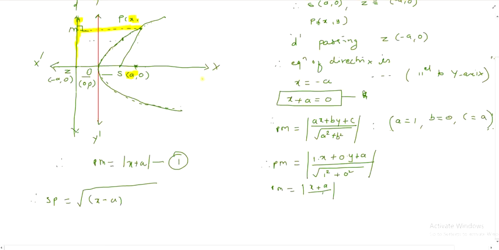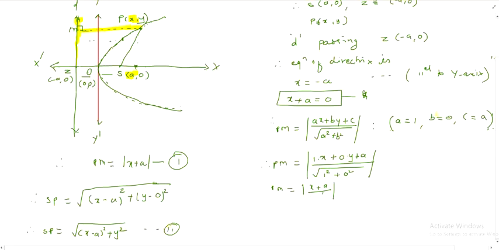Let us see, first we will finish this one, y2 minus y1. So x2 minus x1 bracket square plus y2 minus y1, but y1 is 0, isn't it? Therefore SP is equal to under root x minus a bracket square plus y square. Say equation number 2.